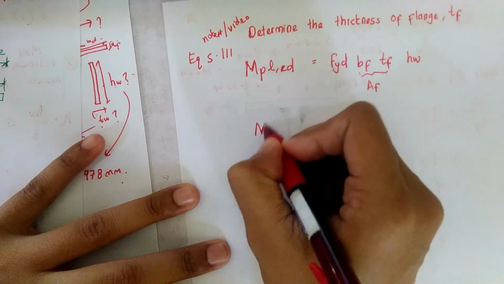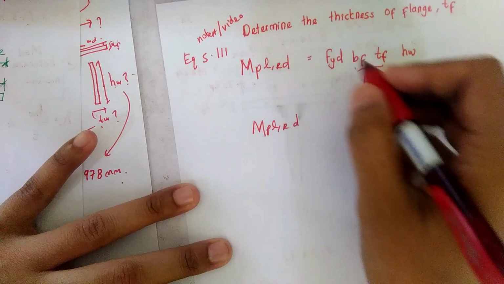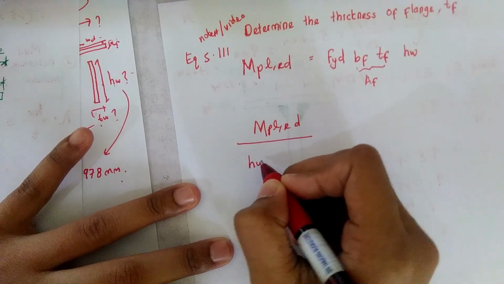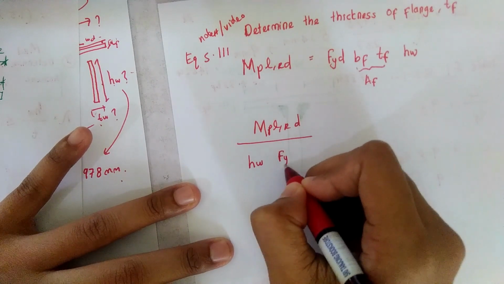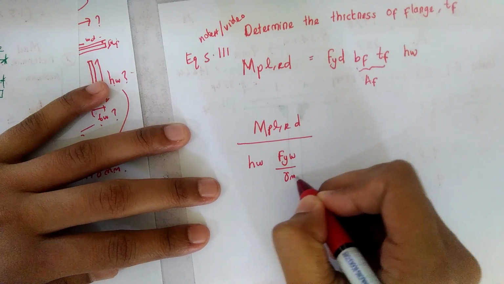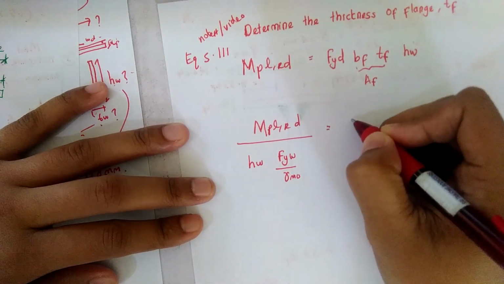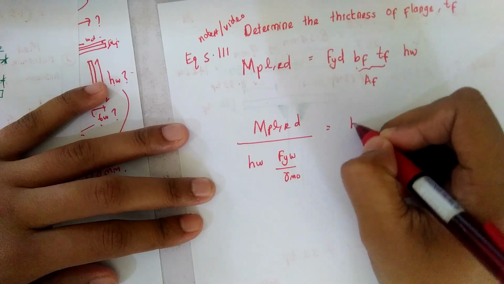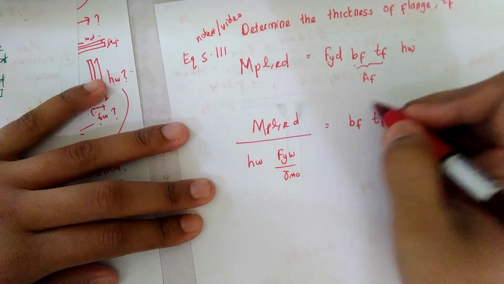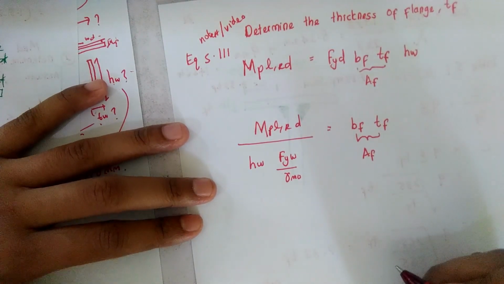So M_PL,Rd, we rearrange the equation, divided by h_w, and then f_yw over gamma M0, which is the aspect ratio. So then you will have this equivalent to b_f t_f, which is again representing your area of flange.